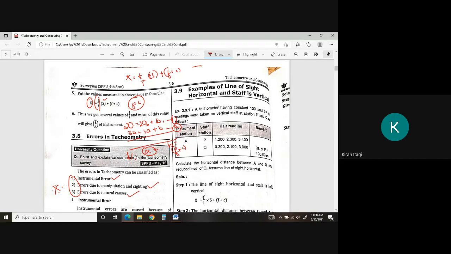He has given the tachymetric constant f upon i as 100, and f plus c is not 0 here. If he had not mentioned it, we would take f plus c equals 0, but he has given f plus c equals 0.4. The following staff readings are taken at P and Q.